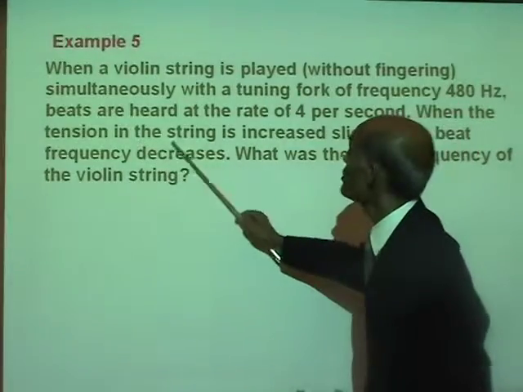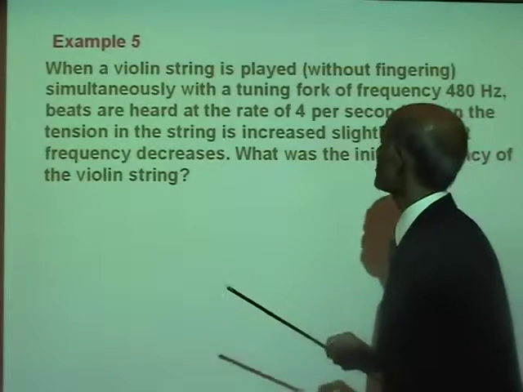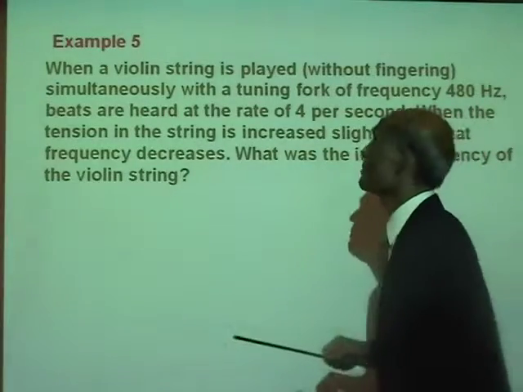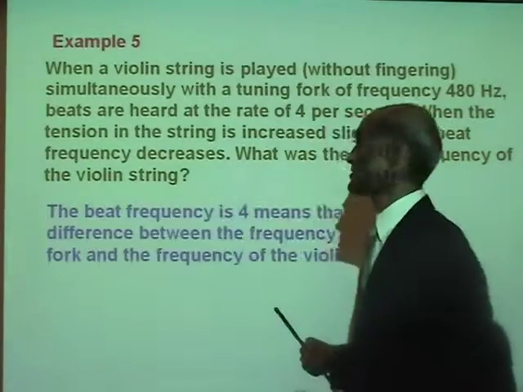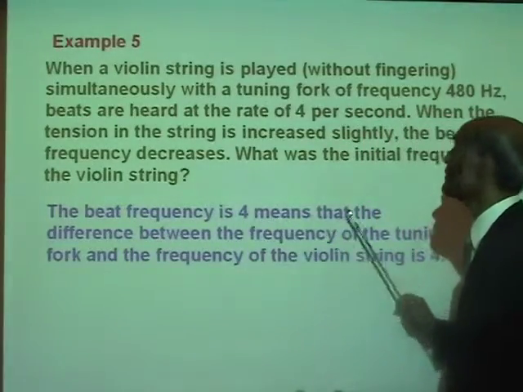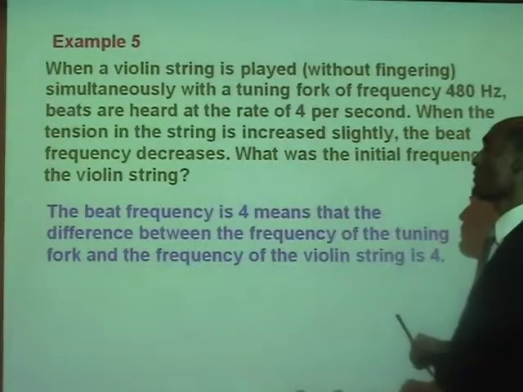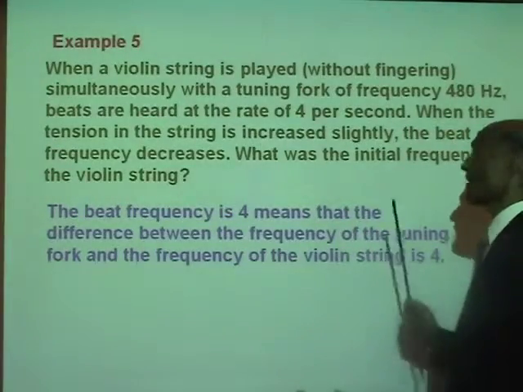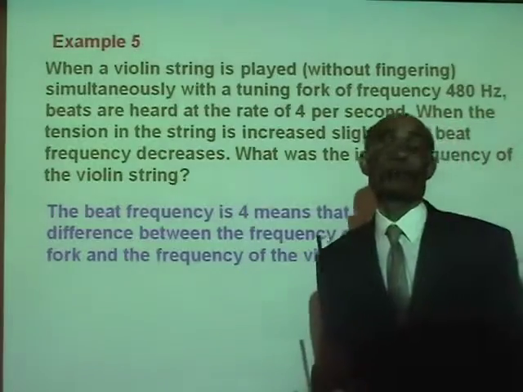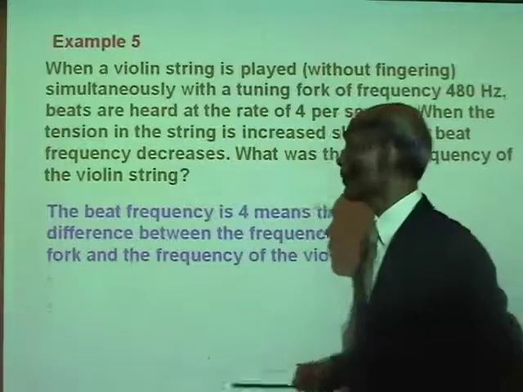When the tension in the string is increased slightly, the beat frequency decreases. What was the initial frequency of the violin string? The beat frequency is 4 means that the difference between the frequency of the tuning fork and the frequency of the violin string is 4. But we don't know which is greater. We only know that the difference is 4.